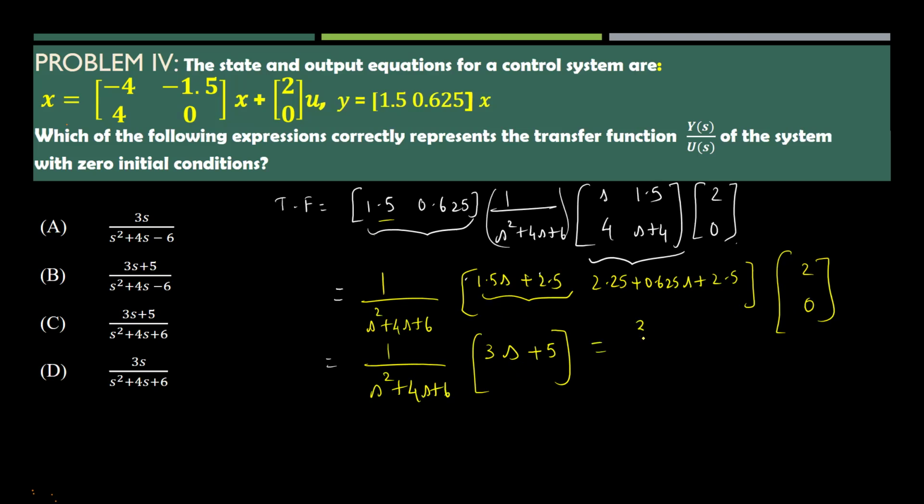So 3s plus 5 in the numerator and in the denominator s square plus 4s plus 6. So this is the transfer function. This is the transfer function of the given system found out from the state and output equations for a control system. So let me observe the options. In option C, we are having that answer. So option C is the correct one.